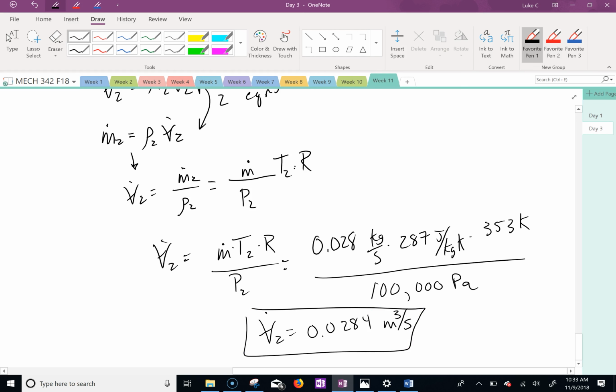So we get 0.0284 meters cubed per second. What was the mass flow? 0.028. So pretty close, because the density of air is pretty close to 1.